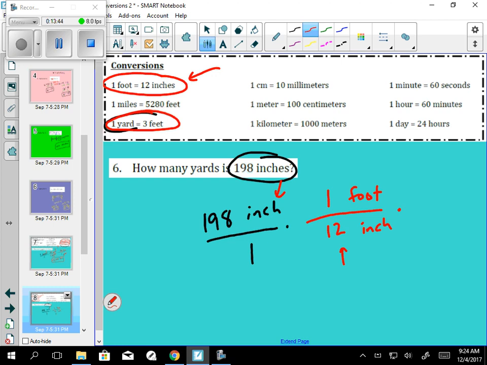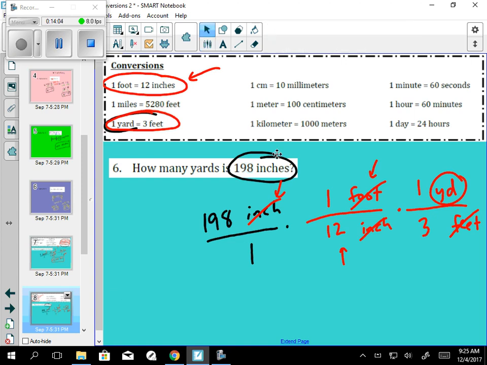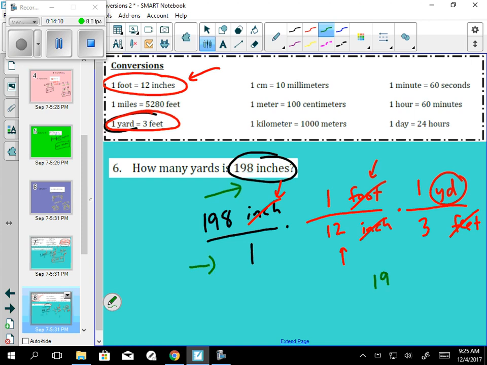So now we know that 3 feet is 1 yard. Here we have feet on top, so we want feet on bottom here. 3 of them is the same as 1 yard. Feet are gone, inches are gone. Our answer now should be in yards. So now if you're multiplying this out, whenever you multiply fractions, you multiply everything across the top and everything across the bottom. So here we've got 198 on top.